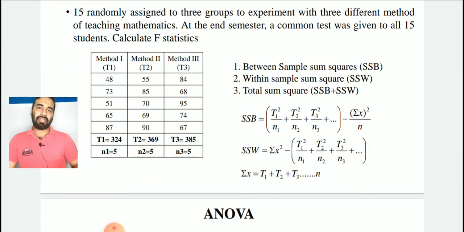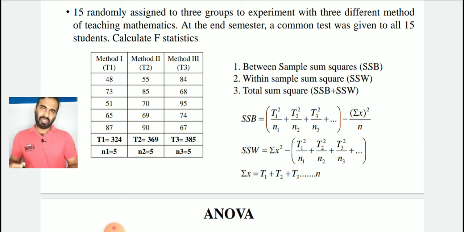Let me take an example. Fifteen students are randomly assigned to 3 groups to experiment with 3 different methods of teaching mathematics. These three groups are taught mathematics in 3 different ways.